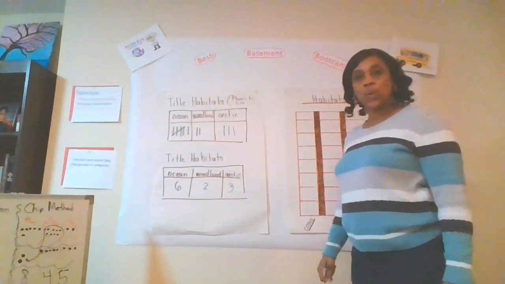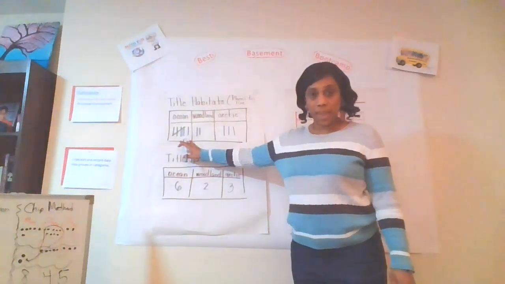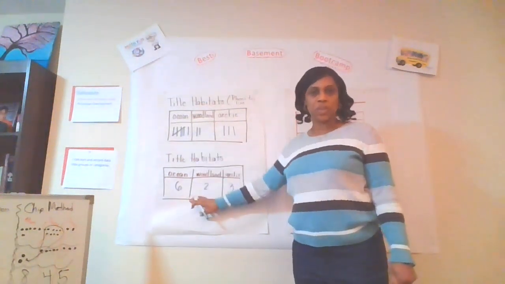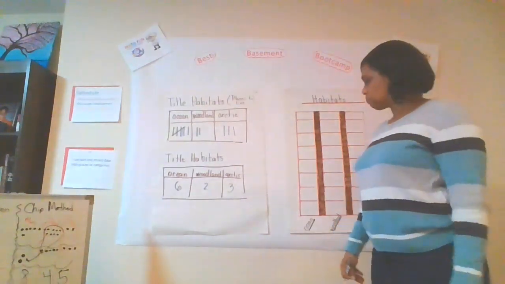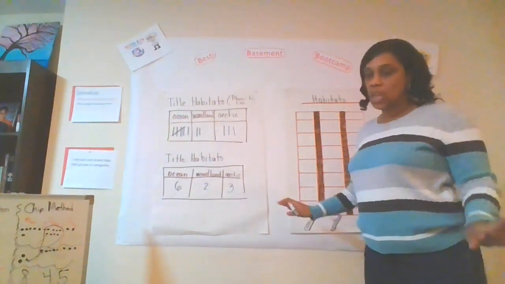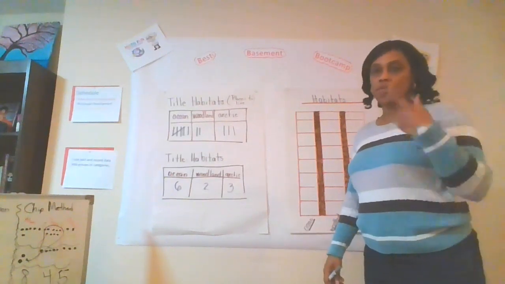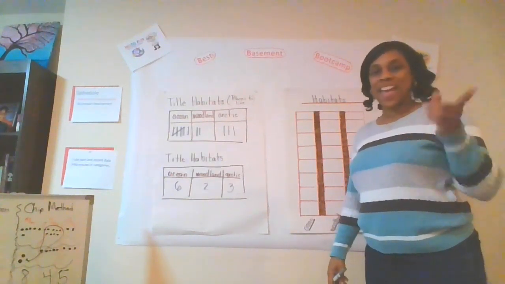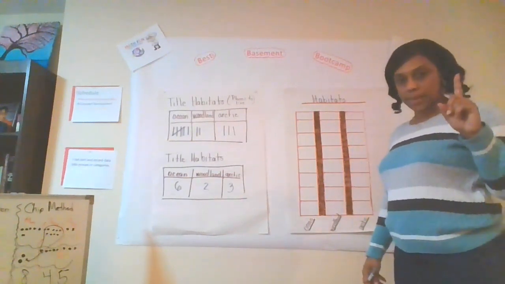Next, we're going to now represent our data. But we're not going to use tally marks this time. We won't be using digits. We're going to be using pictures. So, we won't be drawing out the ocean each time. What we're going to do, we're going to use a circle. And a circle is going to represent one.